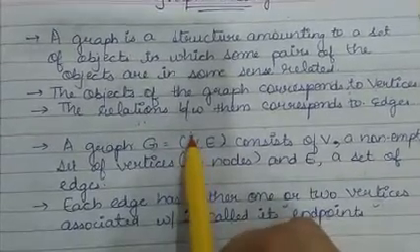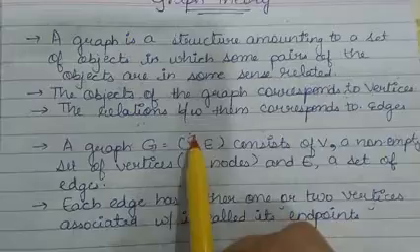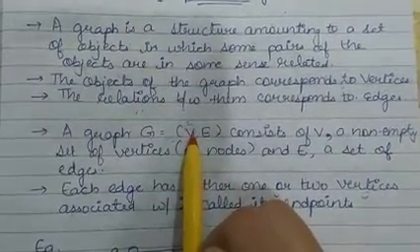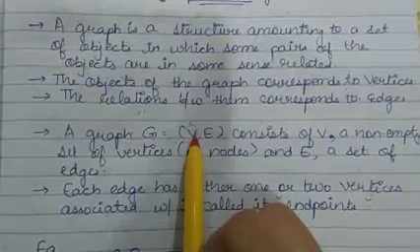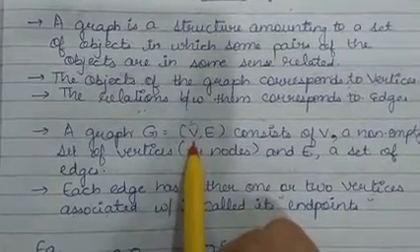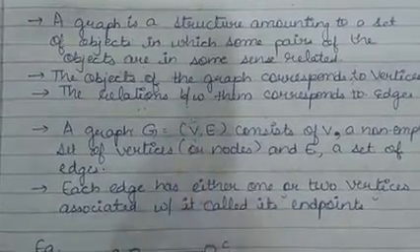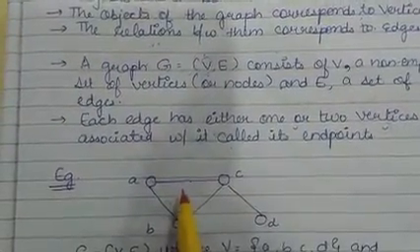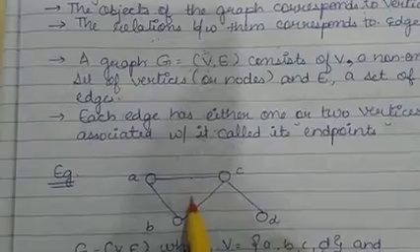That means these are the objects which are present. If there are some objects, then we need to establish some relation between them, so we use edges for that. E is the set of edges which will create a useful relation between those vertices.